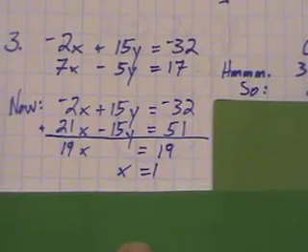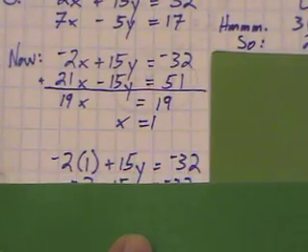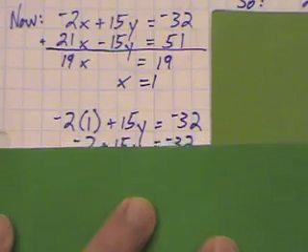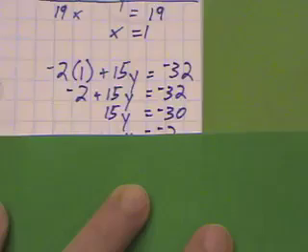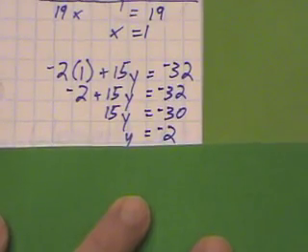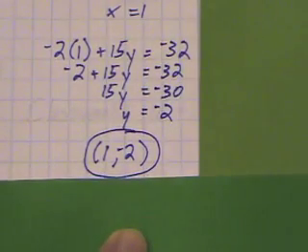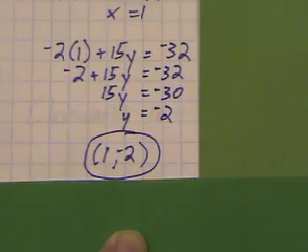Lovely. Substitute 1 back into either equation. Y equals negative 2. And our answer, the ordered pair, 1, negative 2. Not too terrible.